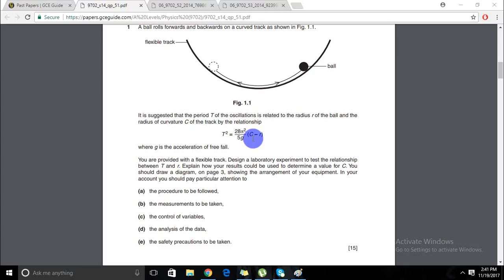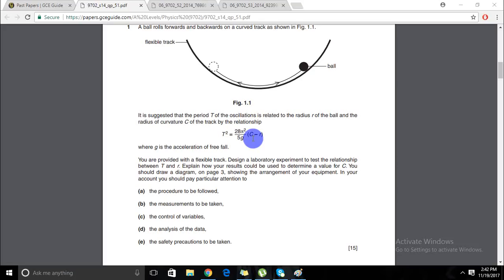And as you can observe from the equation, it is likely that increasing the value of the radius would most likely decrease the value of the time period.